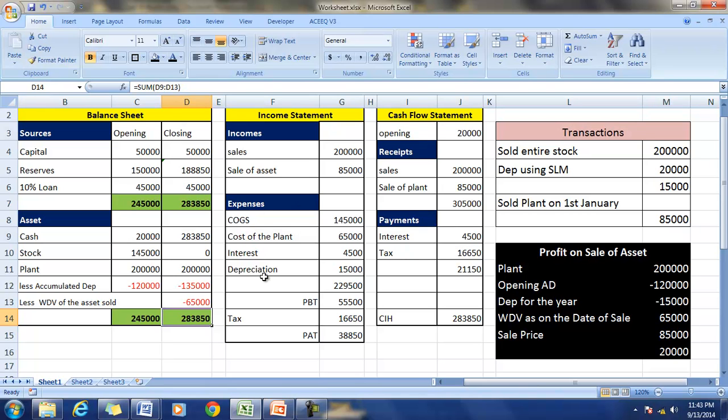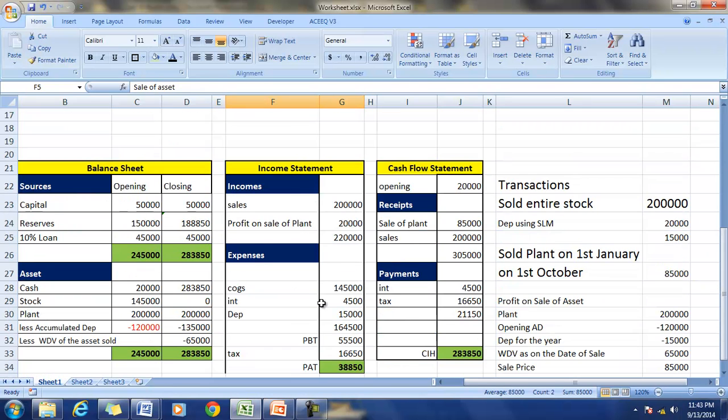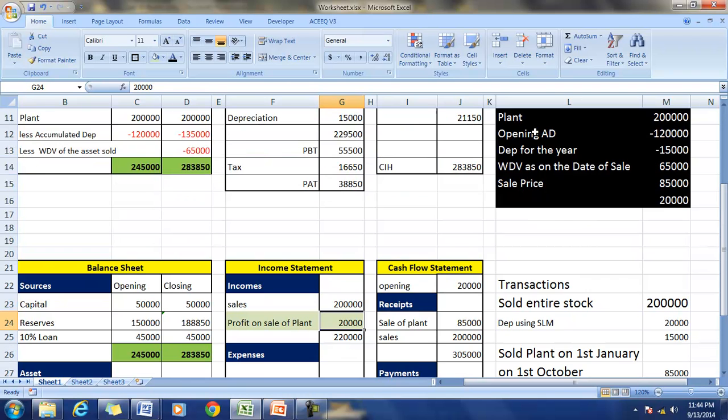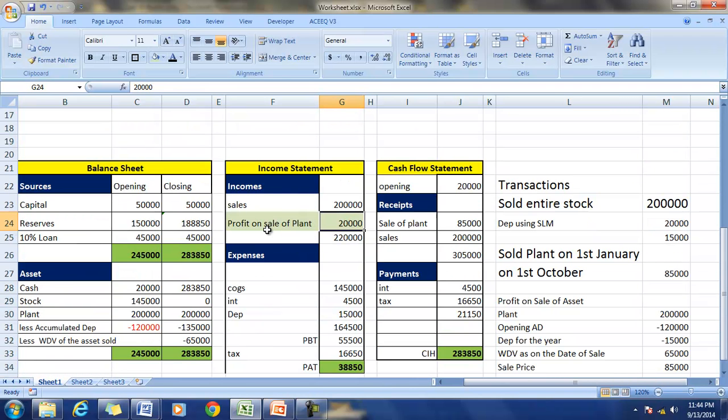So the focus of the discussion was on the profit on sale of the asset. So sale is shown and the corresponding cost is shown. This is one of the ways in which the asset sale can be shown. The other method of showing that is to show the net effect, that is the profit on sale of the asset directly, and the profit on sale of asset is shown in the income statement.